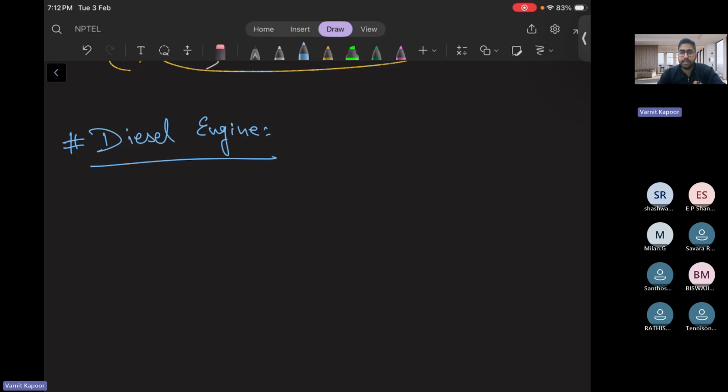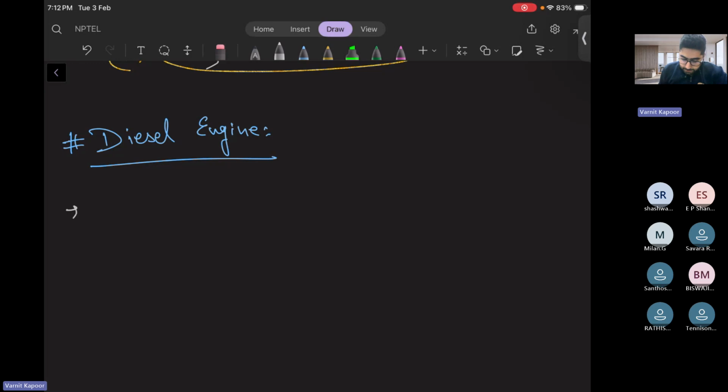That is why we don't need a spark plug in the diesel engine to ignite the diesel fuel. The stroke is also quite long compared to a petrol engine. Here, when the heat is added, it is added at constant pressure, not at constant volume. I'll explain, let me write down every step here, then you will understand.